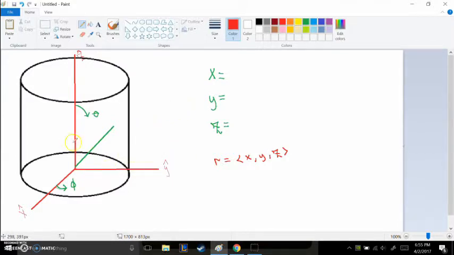And if we go ahead and project this one down into the xy plane, we can see here that the components of this projected vector are here and here.